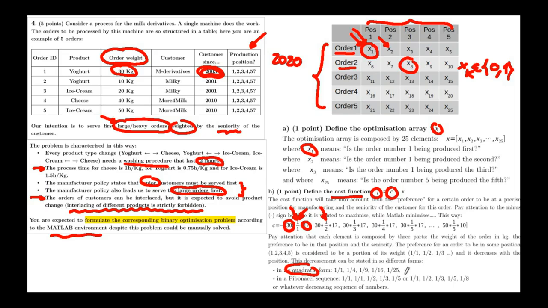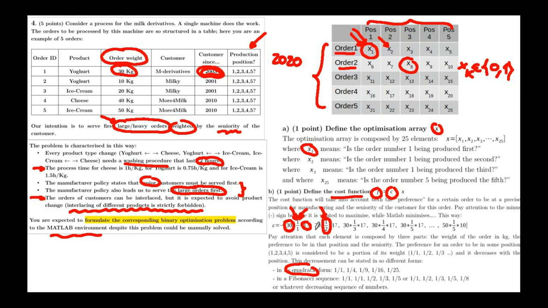Or maybe forget about the first number: 1 over 1, 2, 3, 5, and 8, because 8 is the addition of 3 and 5, or whatever decreasing sequence of numbers.